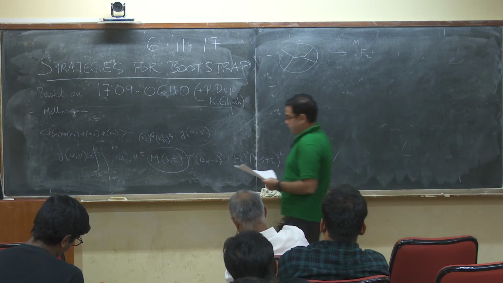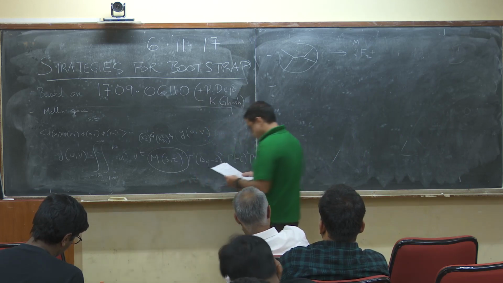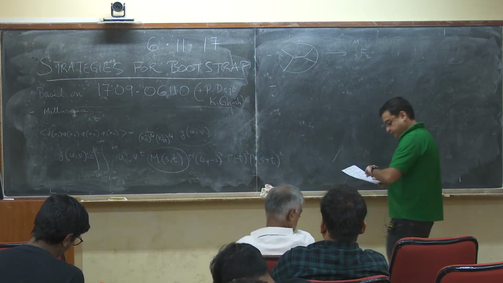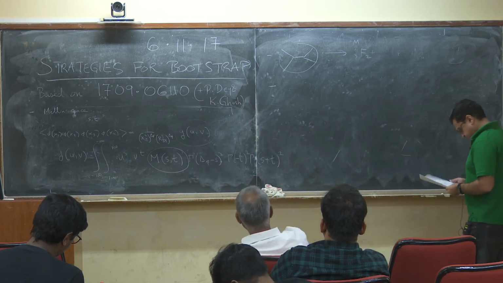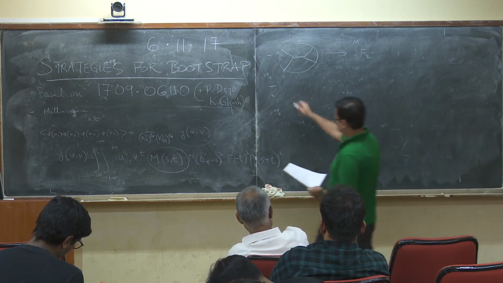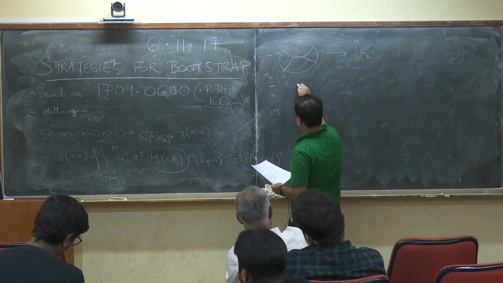The other mathematical tidbit that I wanted to tell you, and this was going to be relevant if I manage to finish my talk, is something called the reciprocity principle.